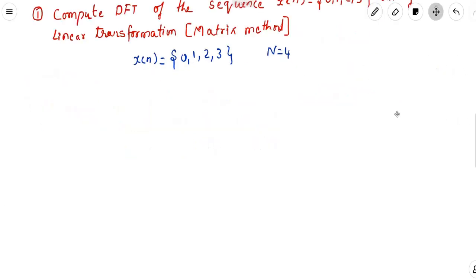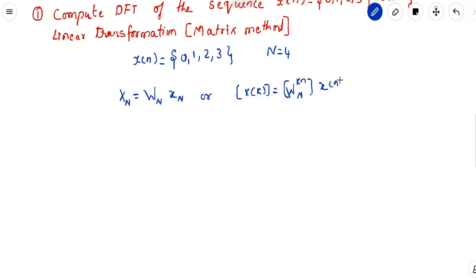In my last video I showed you this matrix representation, where X of k is equal to W_N times x of n. In some books they write X of k equals W_N to the power kn into x of n.